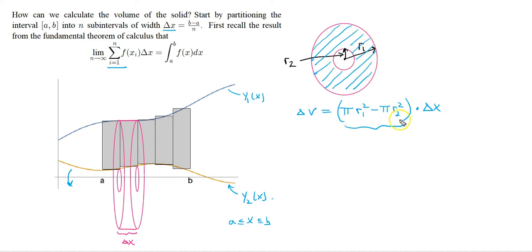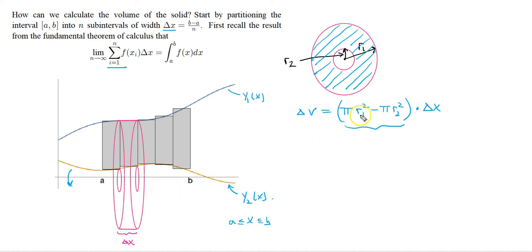Okay, that's what this represents. It's the area of the outer circle minus the area of the inner circle. Now that represents an area. When we multiply by the thickness here, then we get a volume. So this is the volume for this washer down here.